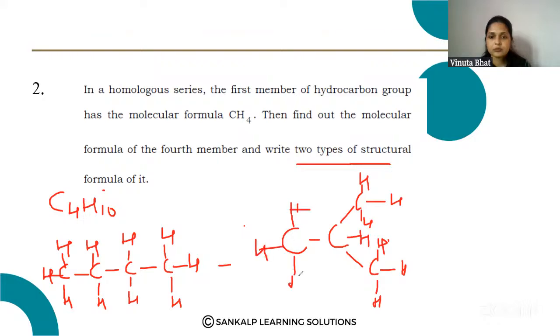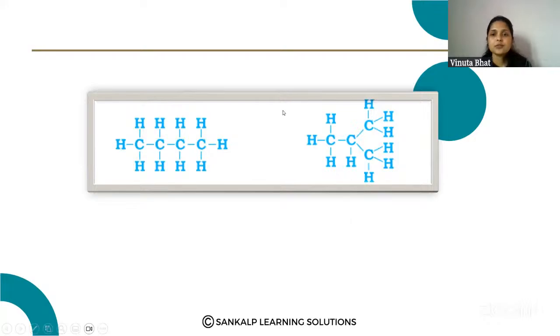So this is the other type of structural formula of butane. I will show you once again. So this is the structural formula of C4H10, and this one also. Please note, practice this C4H10.